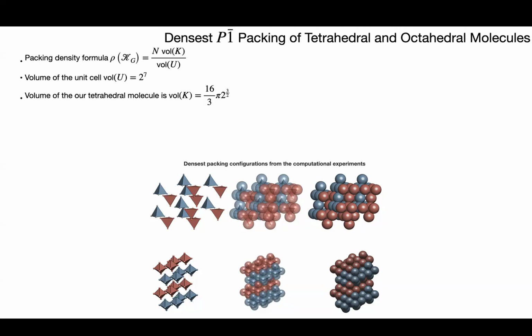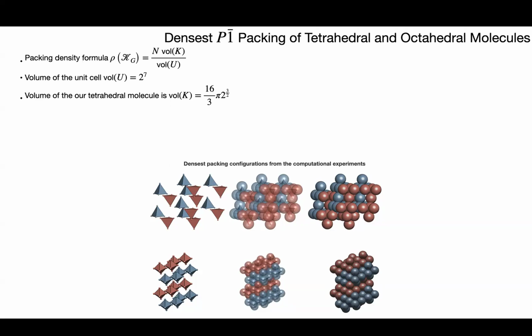The volume of the molecular system is 4 times the volume of a sphere with radius square root 2. We have every vertex of the tetrahedron as a sphere, so 4 spheres, and the radius of the spheres is square root of 2.